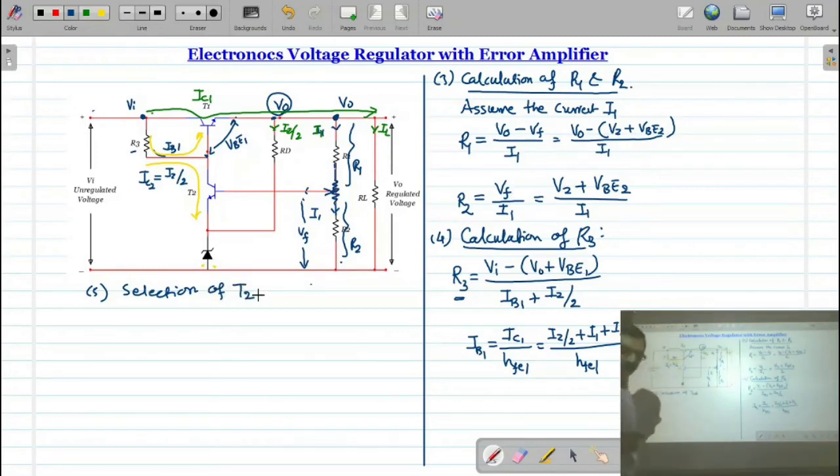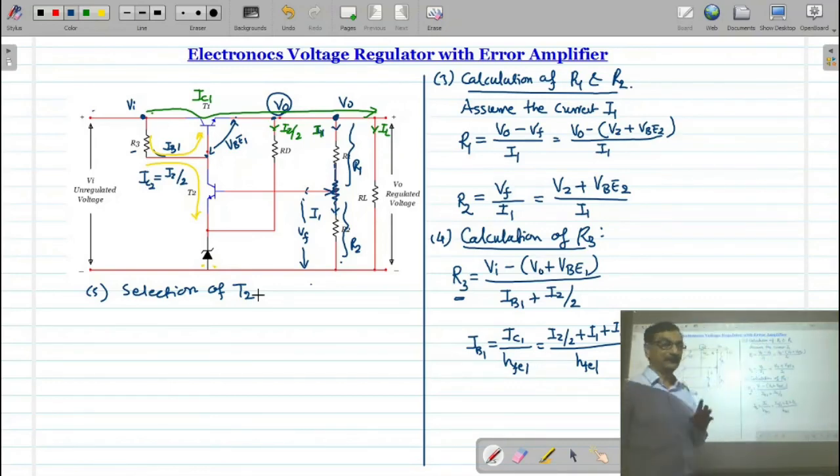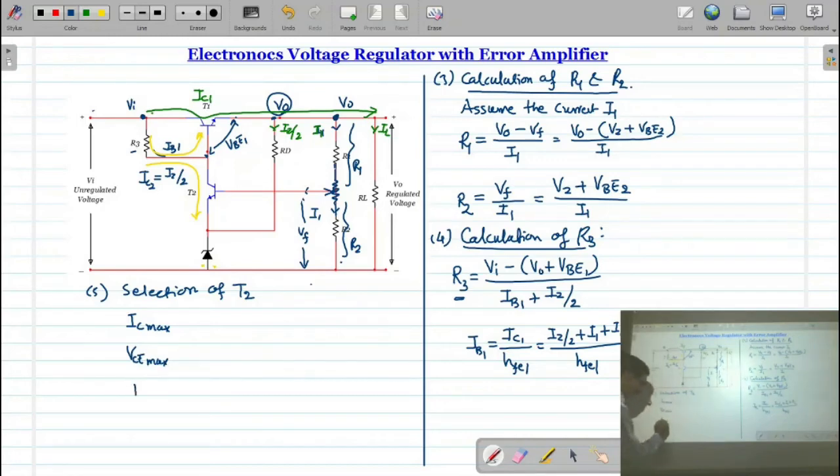When you are selecting the transistor, you always have to see the maximum collector current capacity, known as IC maximum. Second, you have to see the maximum collector-emitter voltage. Correct? And then you have to see the power dissipation of the transistor. Correct?